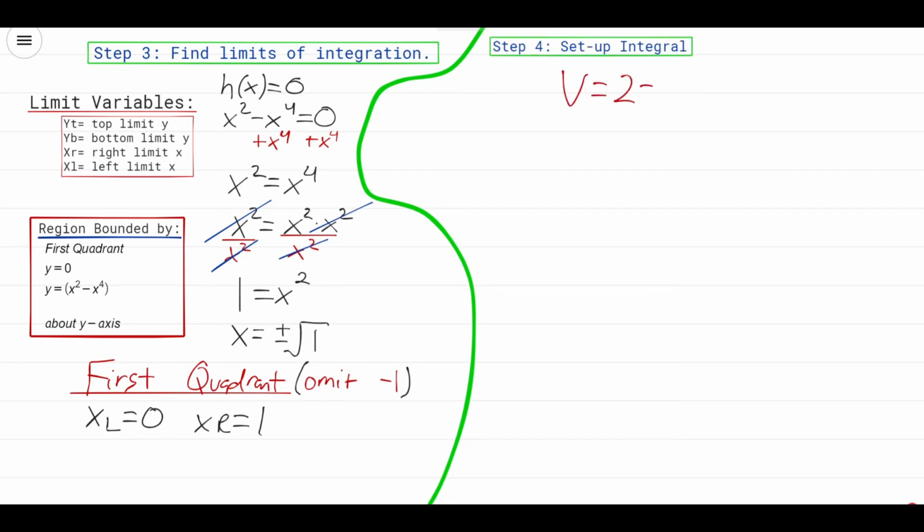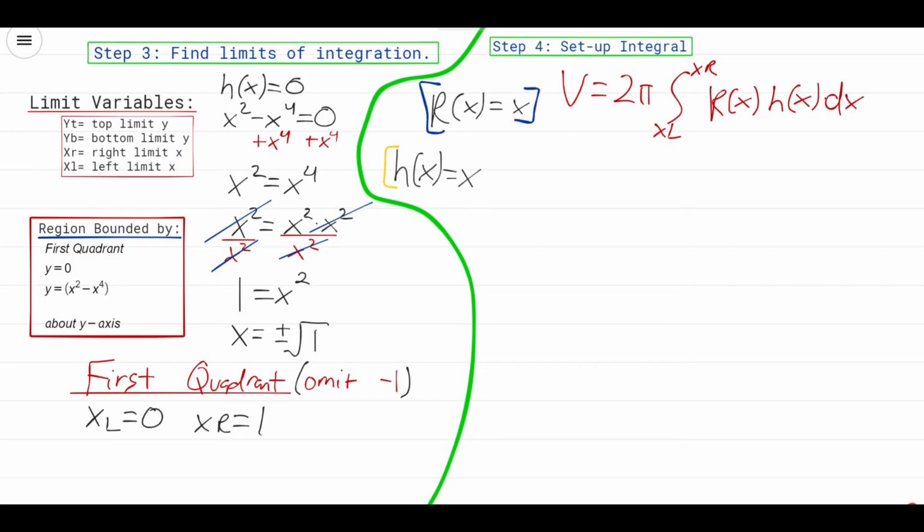So we know the formula for the integral with respect to x terms is volume is equal to 2 pi, bounded from xl to xr of r of x, h of x, dx. And we know our r of x is equal to x, and we know our h of x is equal to x squared minus x to the fourth power.